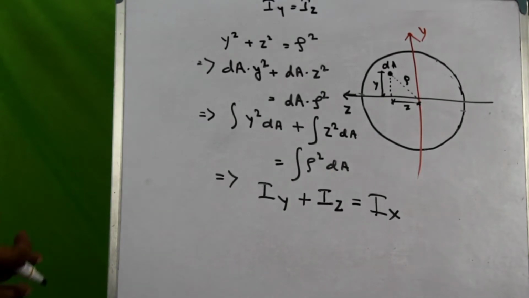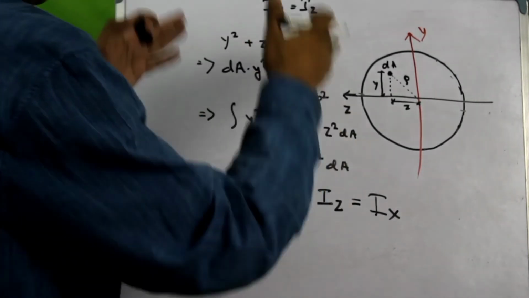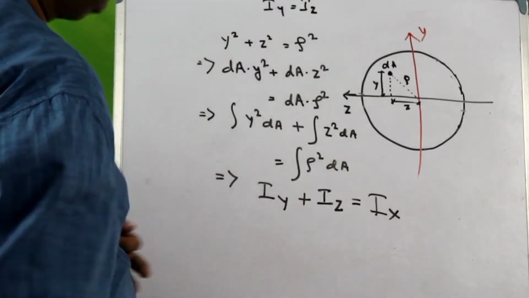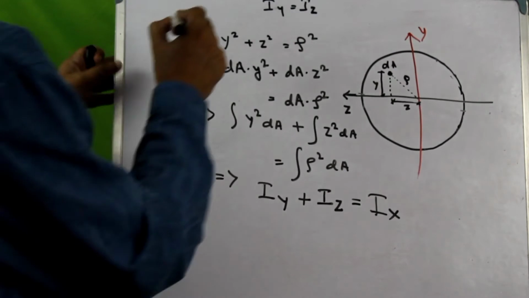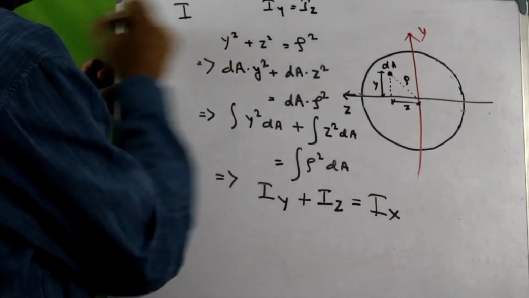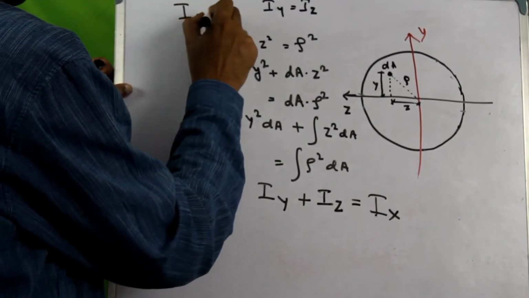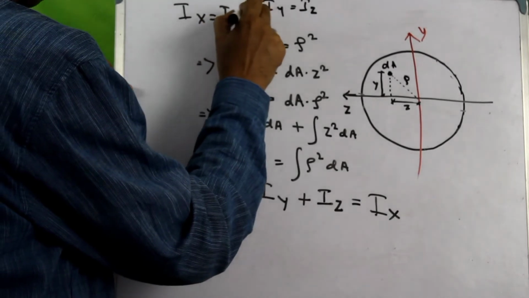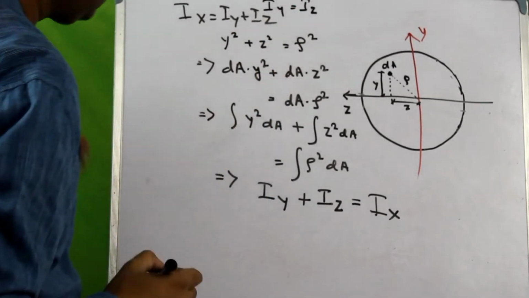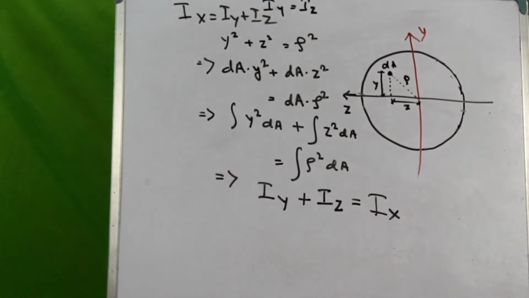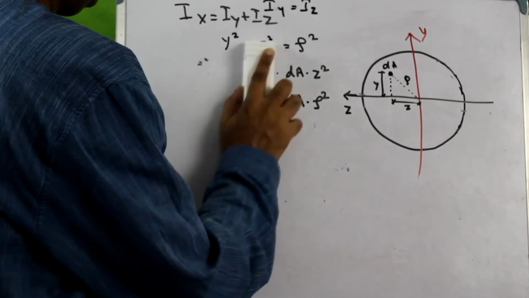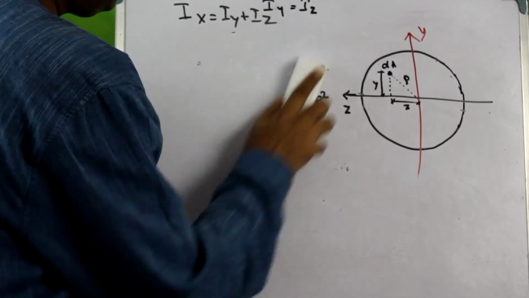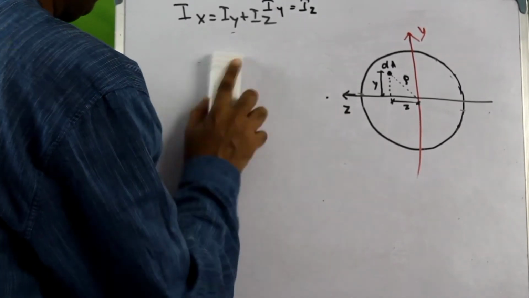So we got this deduction for this circular cross section, and we just need to remember the result: Ix would be equal to Iy plus Iz. Now let us deduce the value of Ix.